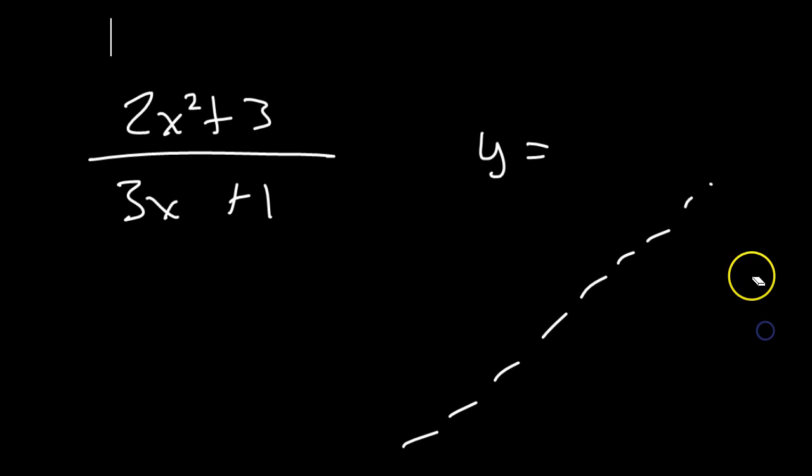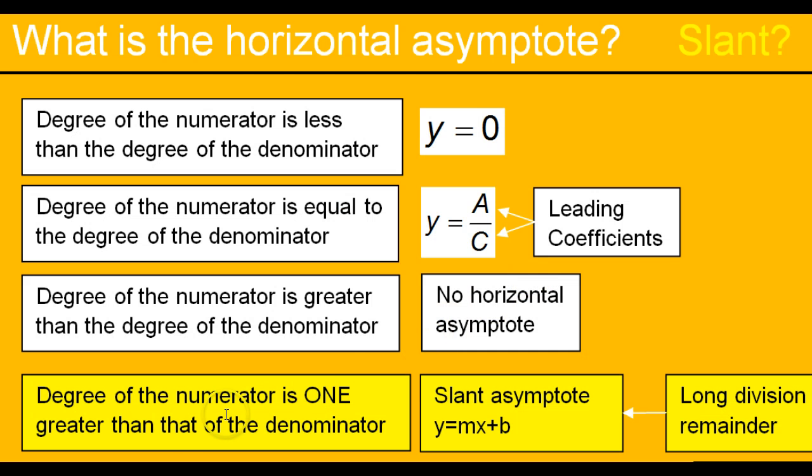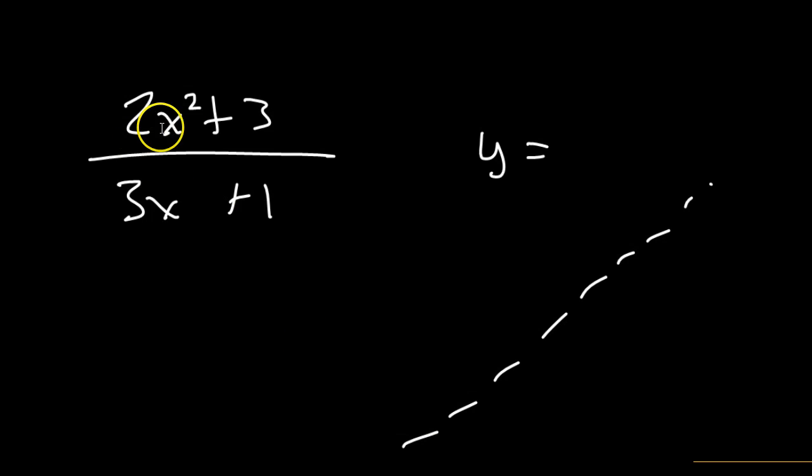So when is there a slant asymptote? Well, there's a slant asymptote when the degree of the numerator is 1 greater than the denominator. So in this case right here, we would have a slant asymptote. And you can find the slant asymptote by doing division, either synthetic division or long division, and not including the remainder.